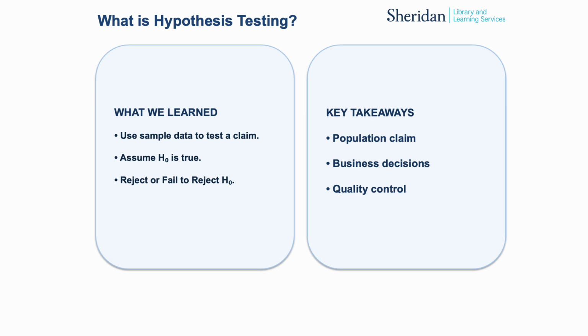Either we reject the null hypothesis or we fail to reject the null hypothesis. Notice that we never say we accept the null hypothesis. We'll come back to that idea later in the chapter. Hypothesis testing is widely used in business, marketing, manufacturing, healthcare, and many other fields whenever decisions need to be made using data.